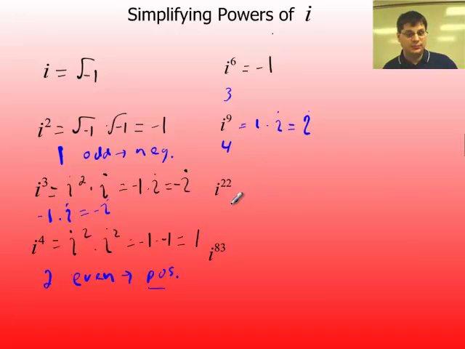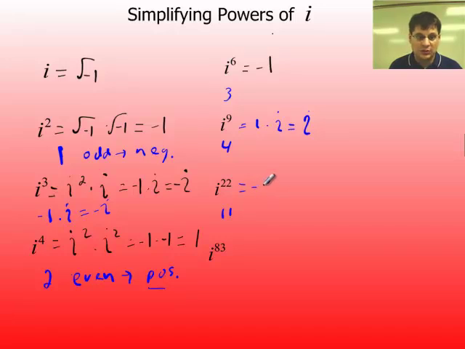i to the 22nd, well, 2 goes into 22 11 times evenly. So it's going to be either a 1 or a -1. Since it's an odd number of times, it's going to be negative.